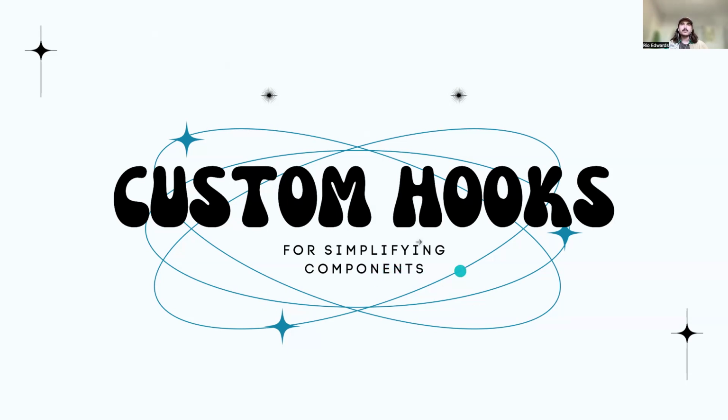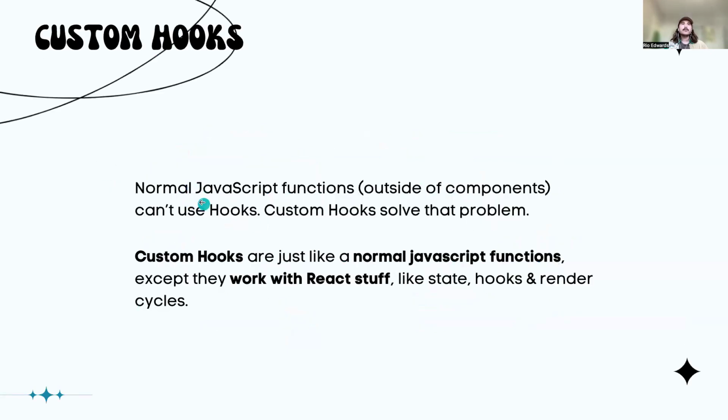Normal JavaScript functions outside of components can't use hooks, and custom hooks solve that problem. If you were to try to use state in a JavaScript function that wasn't in a component, you would get an error.